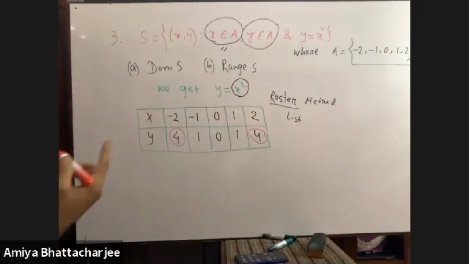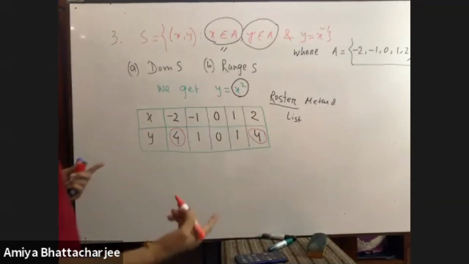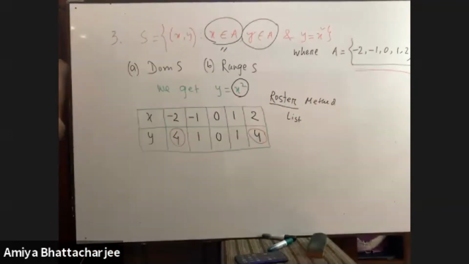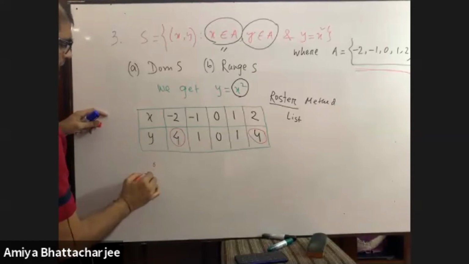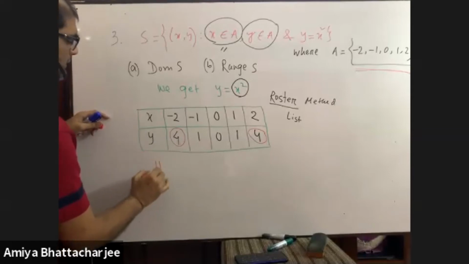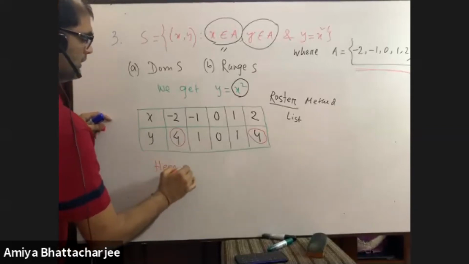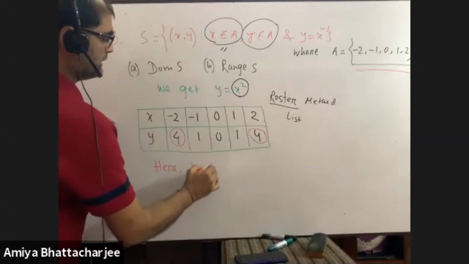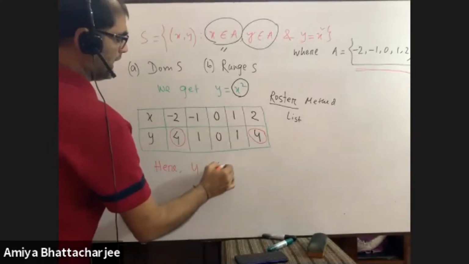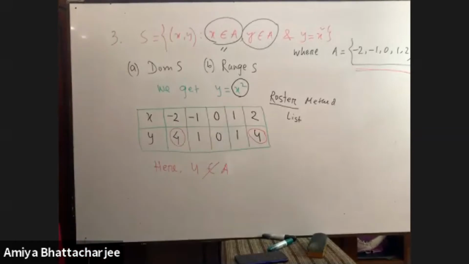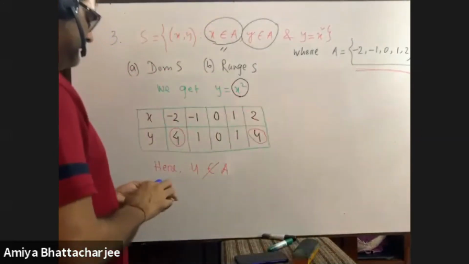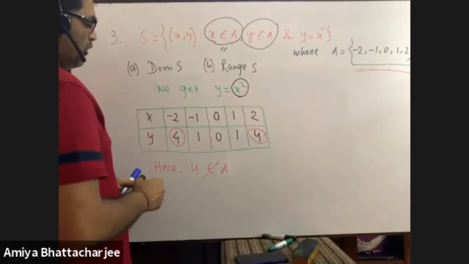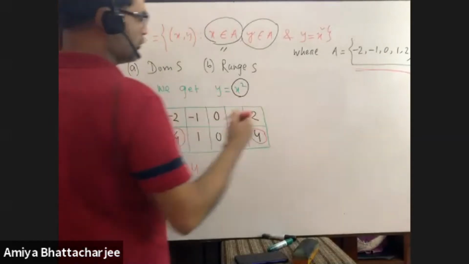But here we have got this 4 and here also this 4. Does this 4 belong to A? No, there is no 4 in A. So you can write here: 4 does not belong to A. That means, what is the pair with 4?